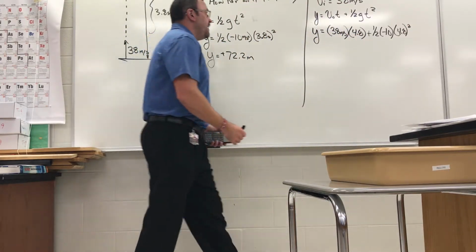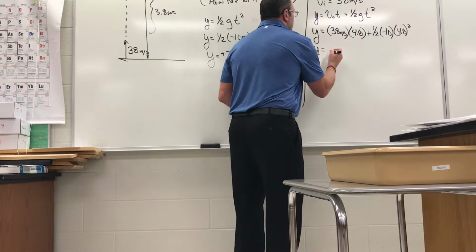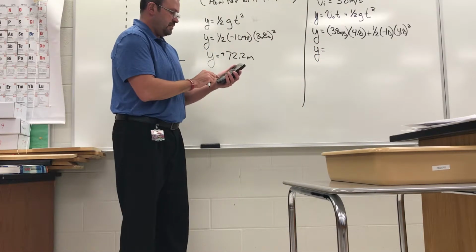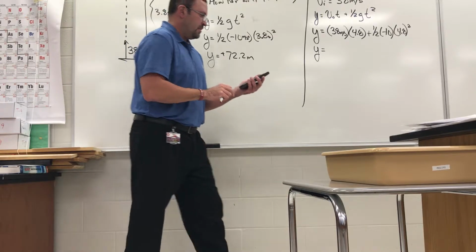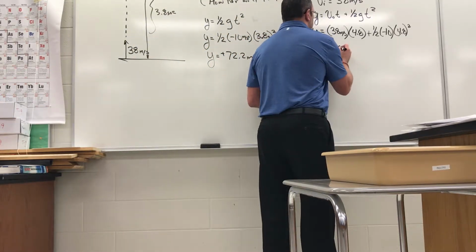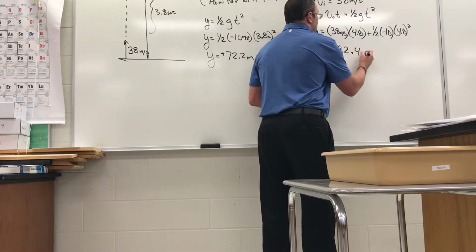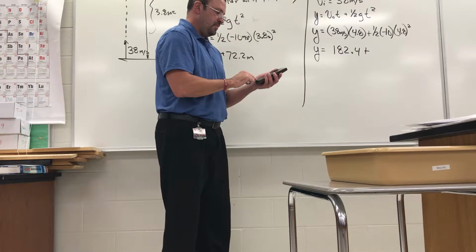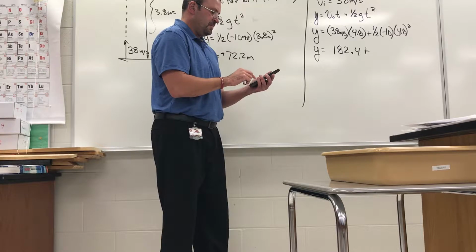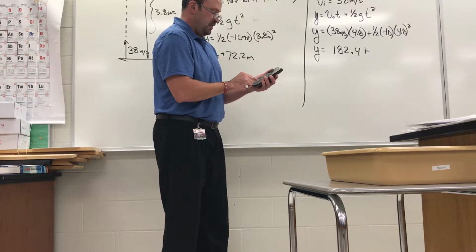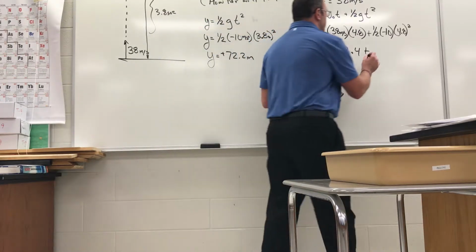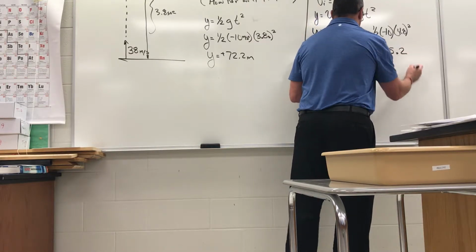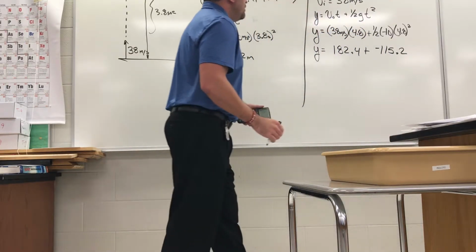So I calculate that out. Y equals 38 times 4.8. Gives me 182.4 plus 4.8 squared times 5. I get negative 115.2. I believe I made a mistake.